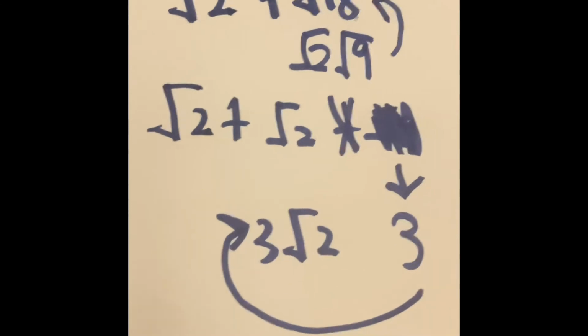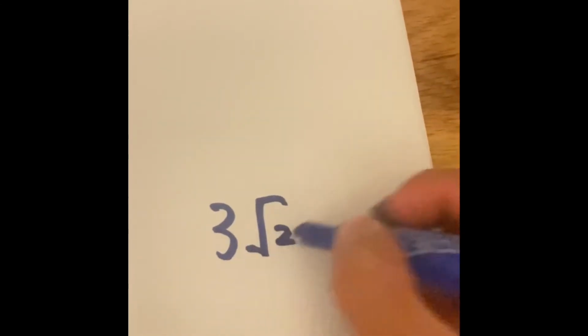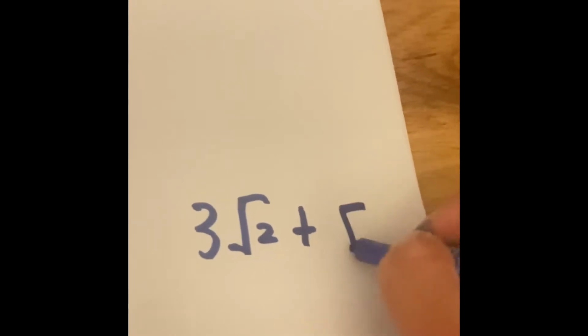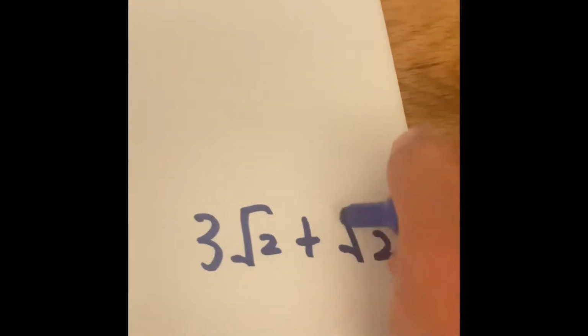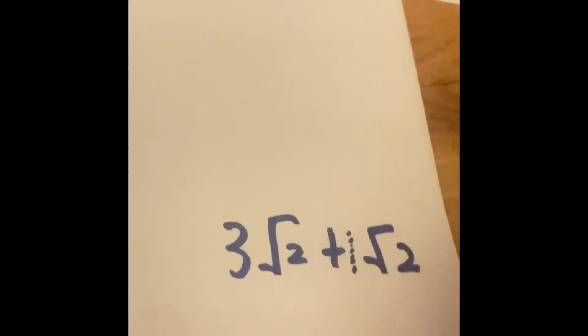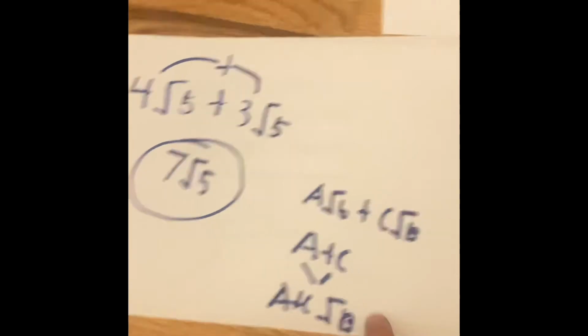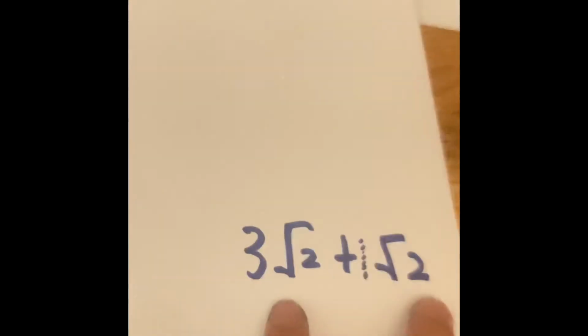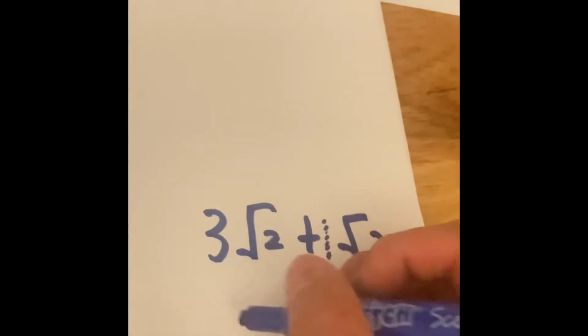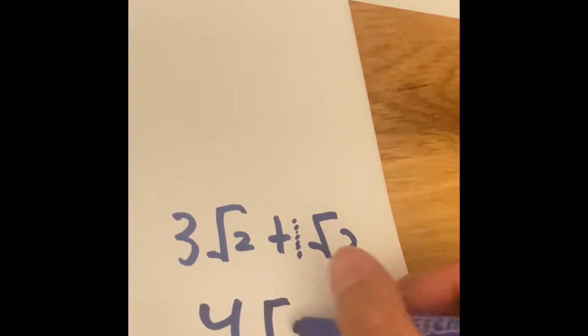There's one more step. We have 3 square root of 2 plus the square root of 2. Imagine there's an imaginary 1 in front. So applying the previous rule, we can merge the two. When we do that, we get an answer of 4 multiplied by the square root of 2.